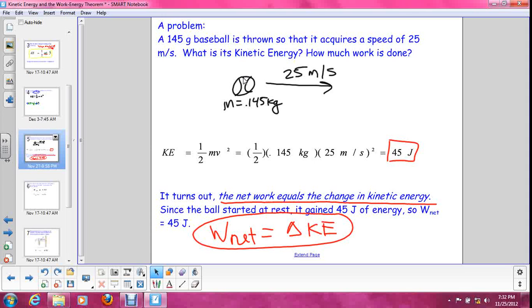But because this ball started at 0, we can assume the ball was not moving before it was thrown. And it moved up to 25 meters per second, at which point it had 45 joules of kinetic energy. The change in that kinetic energy was 45 joules, 0 to 45. So it turns out the net work done on this baseball is also 45 joules.